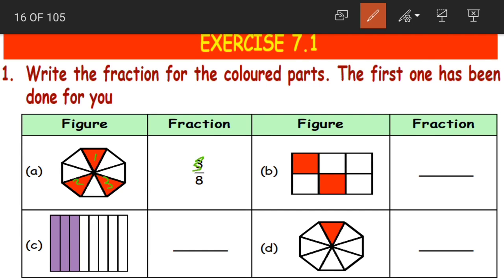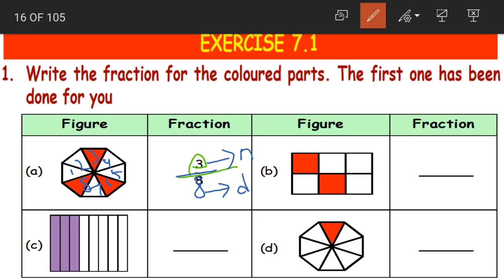So in our numerator we will write 3, divided by the total number of parts: 1, 2, 3, 4, 5, 6, 7, 8. So 3 divided by 8. 3 becomes our numerator, 8 becomes our denominator.